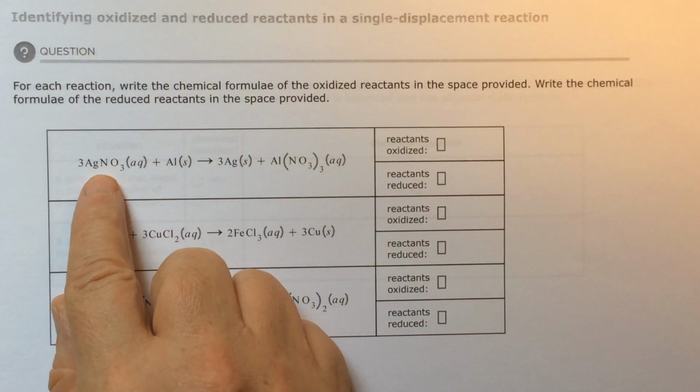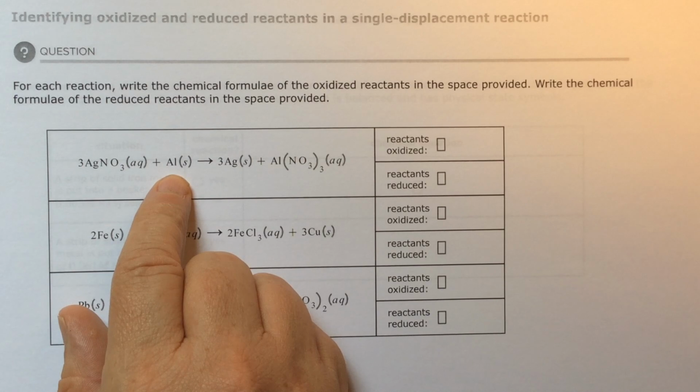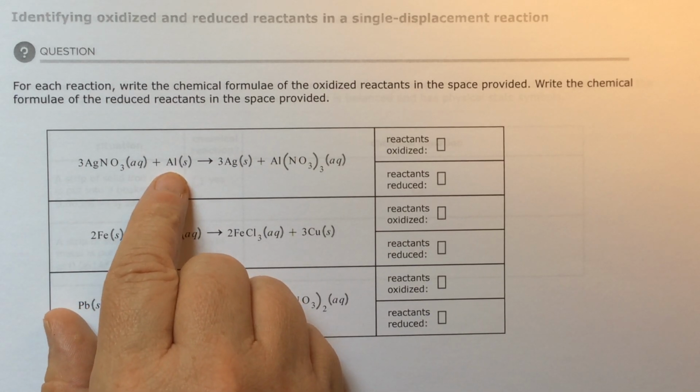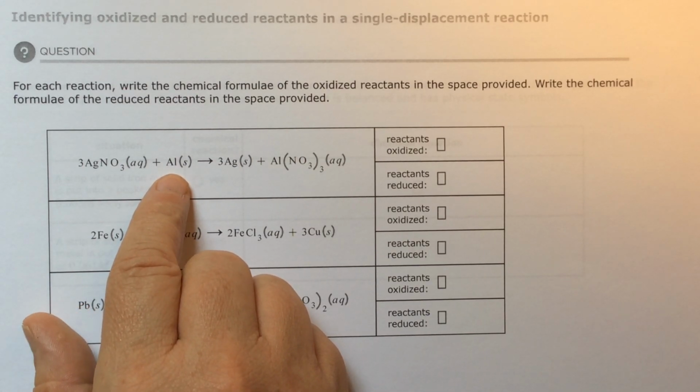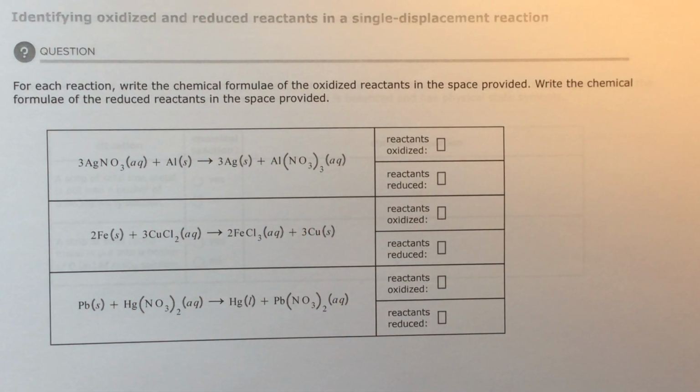This would be a full reactant, not the 3, but the silver nitrate would be a full reactant. The aluminum would be a full reactant, and one of them will be oxidized, one will be reduced. I think all of these are redox reactions. Okay. All right, so let's look at the first one.